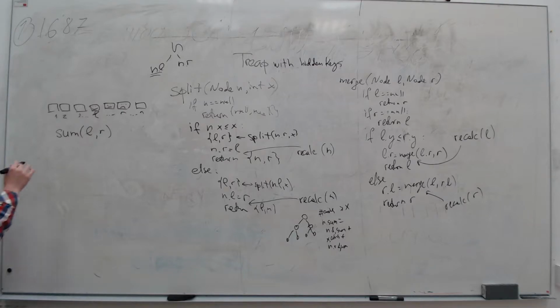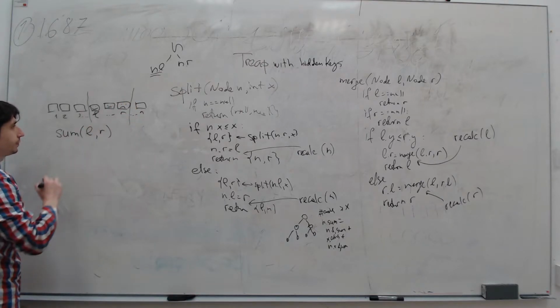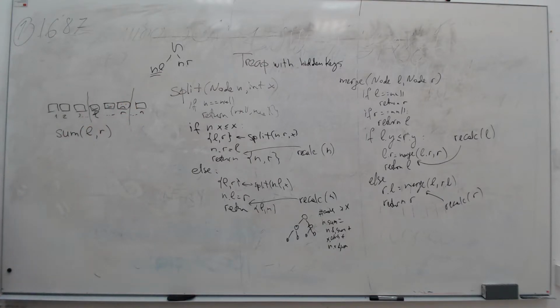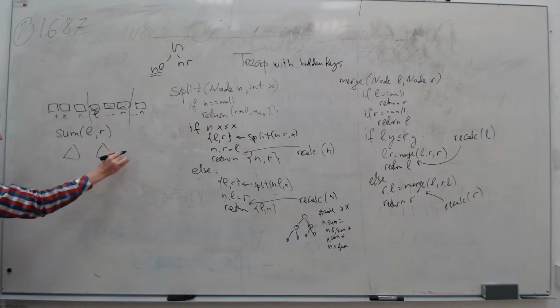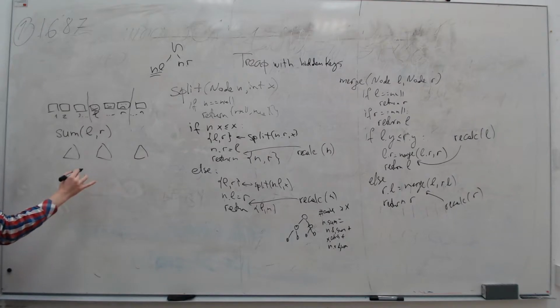You would split here, and you will have three trees out of that. Then you take the sum that is stored here, and it will be your answer.